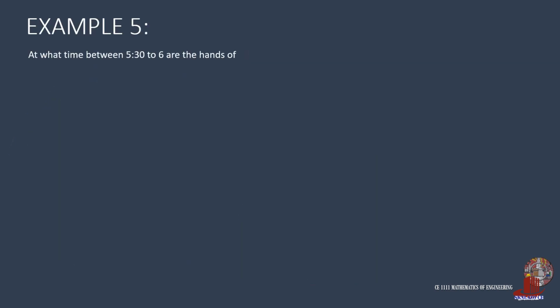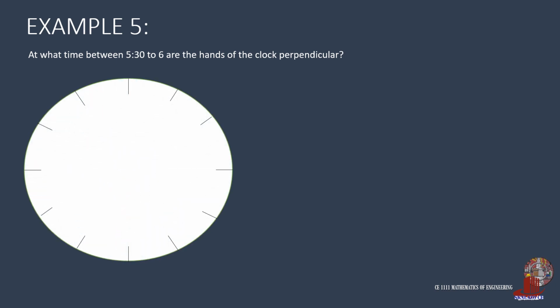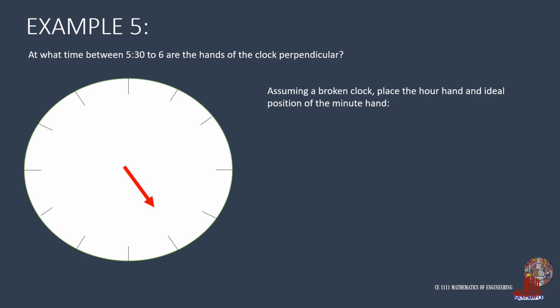For the next example, it still requires a time when the hands are perpendicular, although in this case, it doesn't state whether we are looking for the time when the hands are perpendicular the first time or the second. So just the same, we start with the first option of placing the hour hand on the clock at 5 o'clock.